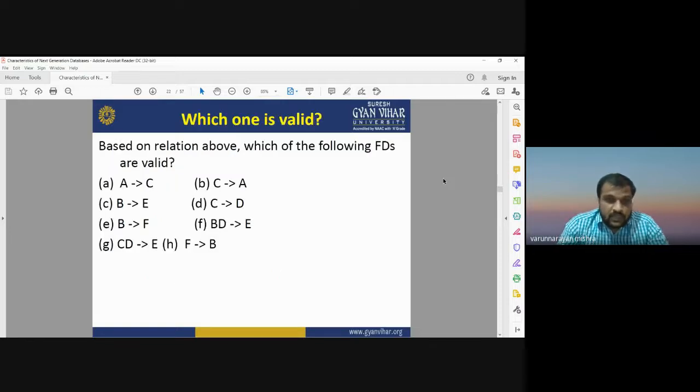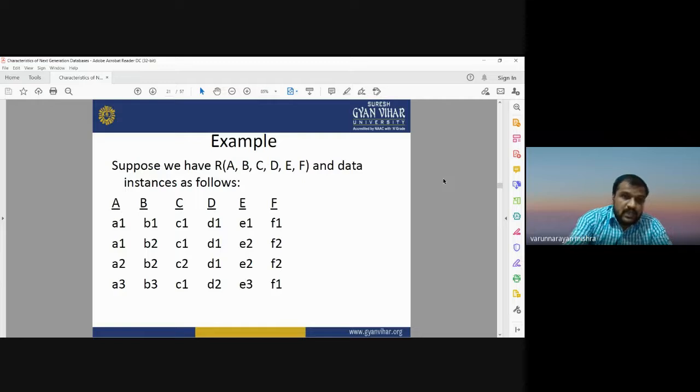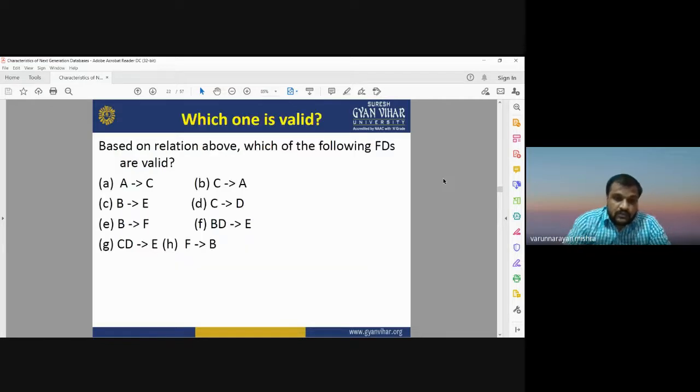Based on the relation above, which of the following FDs are valid? The options are A to C, C to A, B to E, C to D, D to F, BD to E, and CD to E, and F to B. We need to check which of these are valid functional dependencies.